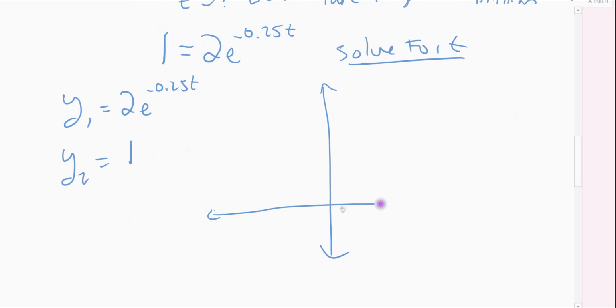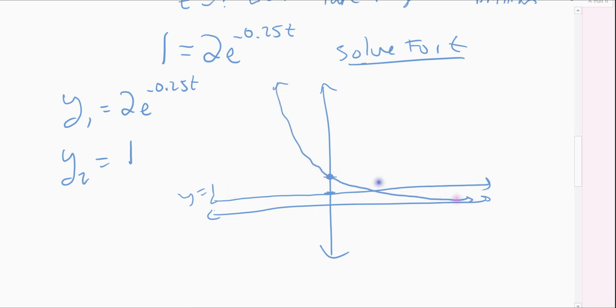Actually, you might want to zoom in and make it a little bigger, because everything happens around 1 and 2. We've got the line y equals 1, there's my 1 million, and then my exponential decay equation comes down from 2. We're looking for the moment when they intersect. At what time does this happen?